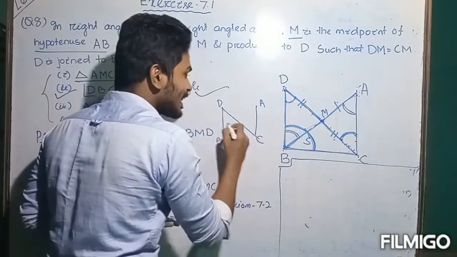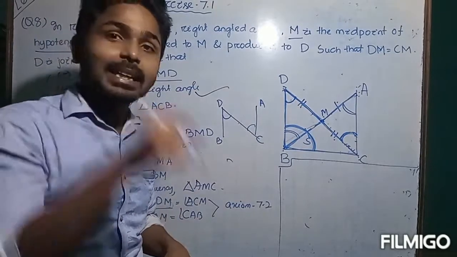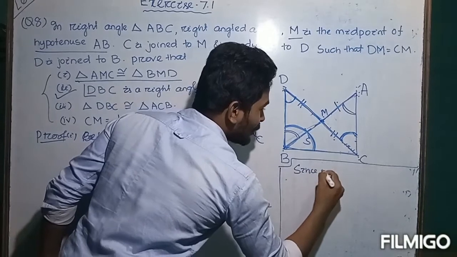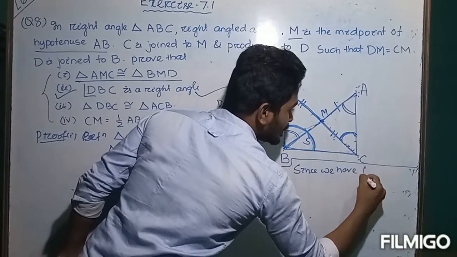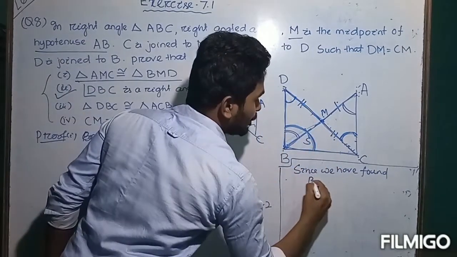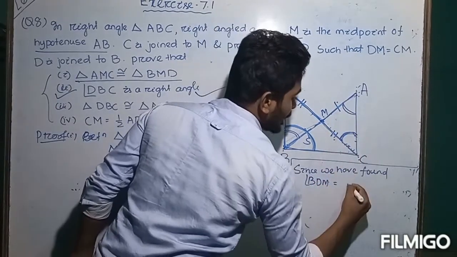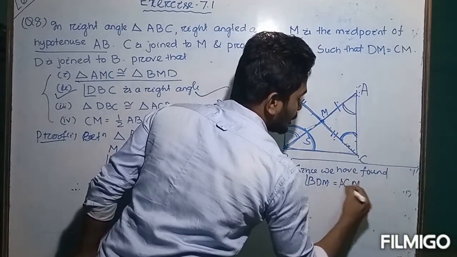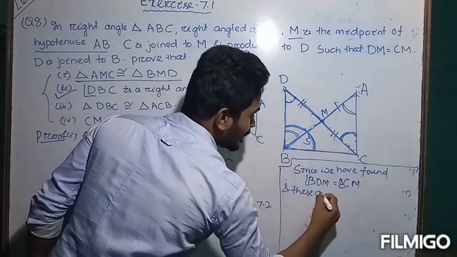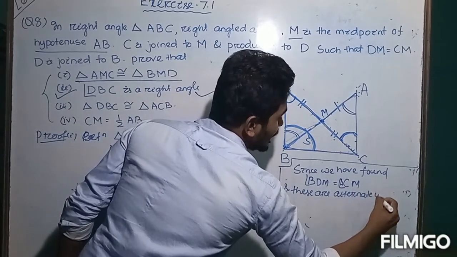What we find is this angle is equal to this angle, and these two angles are known as alternate interior angles. So we can write, since we have found this angle BDM is equal to this angle ACM, and these are alternate interior.